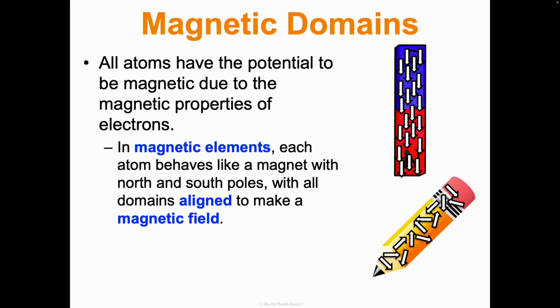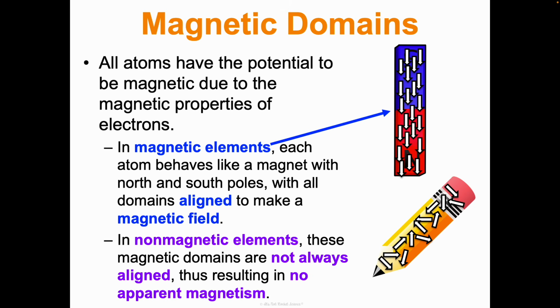But what we see is in magnetic elements, each atom behaves like a magnet with its own north and south poles, and then all those domains get aligned, and that's what gives us the magnetic field. So for example, all of the little arrows are pointing the same direction, which is what gives us this field, this magnetic property. Whereas in non-magnetic elements, these magnetic domains are not always aligned. They can be pointing all these different directions, so there would be no apparent magnetism in something, say like a pencil.